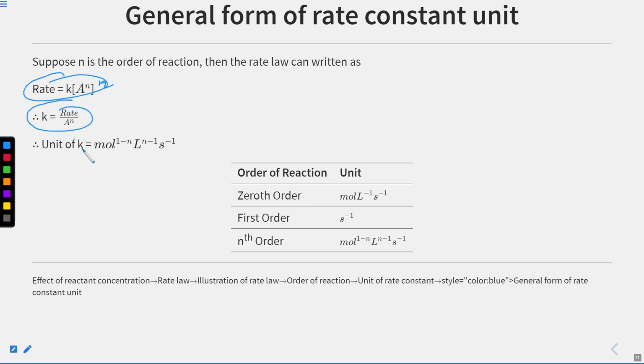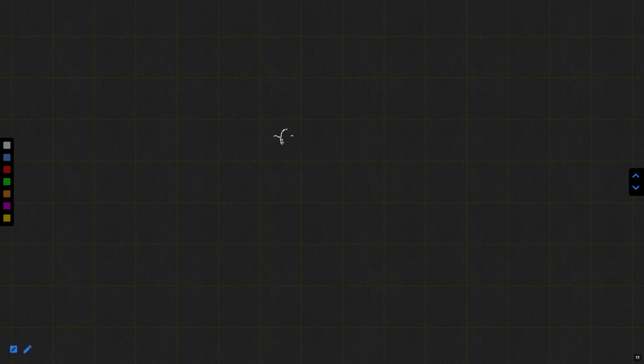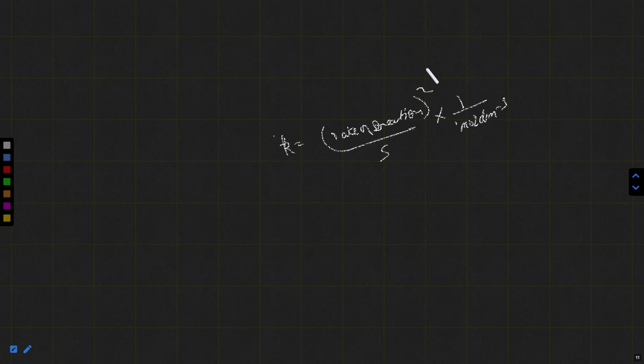Therefore, what will be the unit of k? If we try to simplify it, we have k equals the rate of reaction by time, multiplied by 1 by mole per decimeter cube.